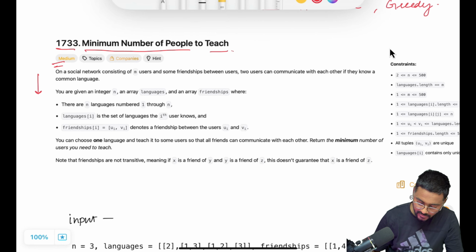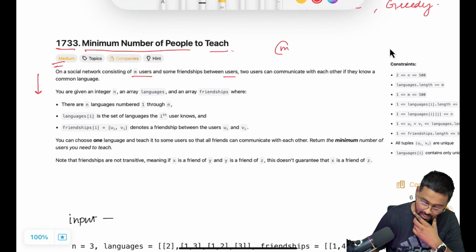In the problem statement, it says that on a social network consisting of M users and some friendships between users, two users can communicate with each other if they know a common language.